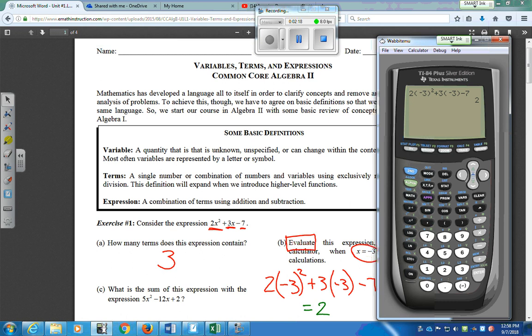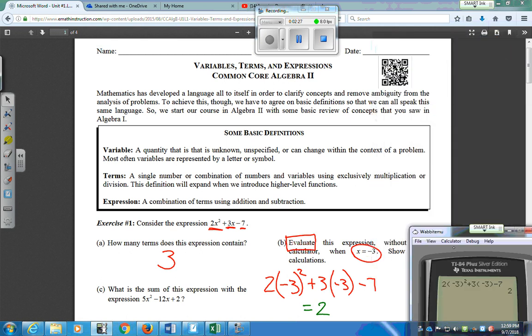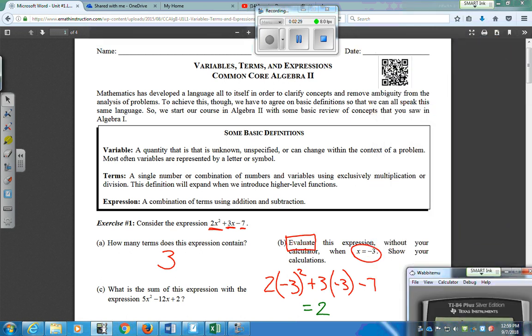And C talks a little bit about combining like terms because they ask you if you added these together, what would you end up with? So, going to part C, if I take this, 2x squared plus 3x minus 7, and I was to add 5x squared minus 12x plus 2, I'm looking to combine the like terms. The expressions don't change when we're adding.